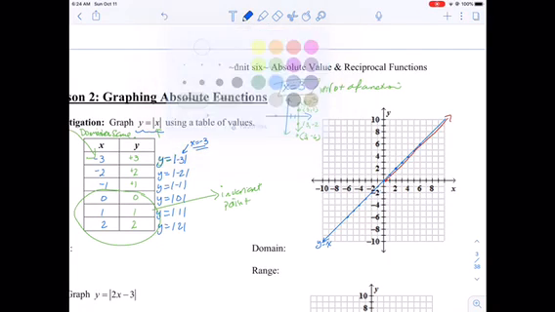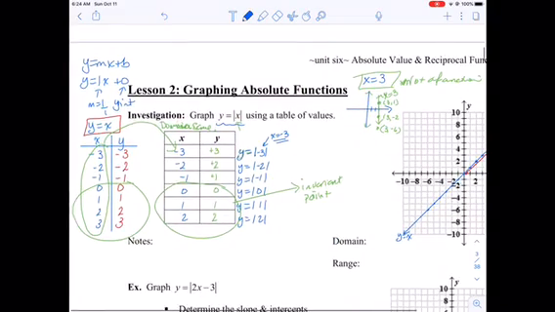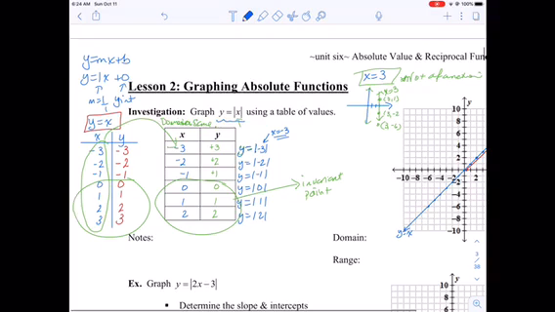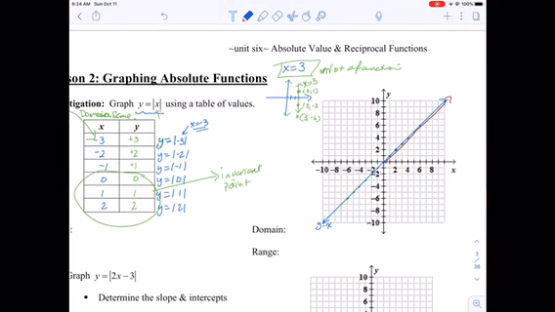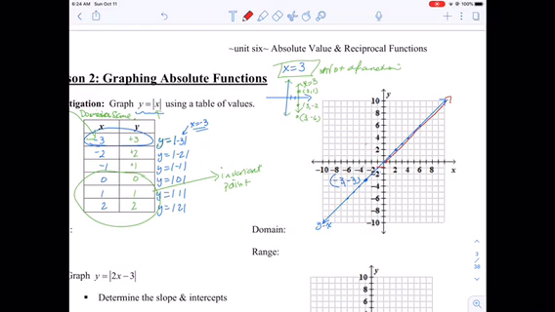I also know that it's the y coordinates that are changing. All my x coordinates are the same, but it's the y coordinates. If I look at specific points, for example, this -3, -3 down here, my corresponding point on my absolute value function is -3, +3.